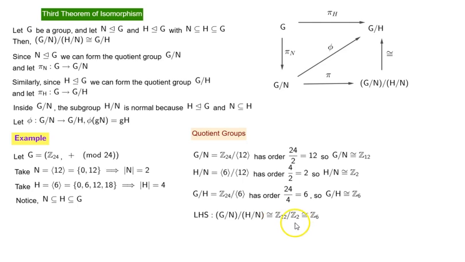And if we take this quotient group, we get something which is isomorphic to Z6. What is G/H? That is isomorphic to Z6, which means LHS is isomorphic to RHS. And hence, (G/N)/(H/N) is isomorphic to G/H. So that was the third theorem of isomorphism.